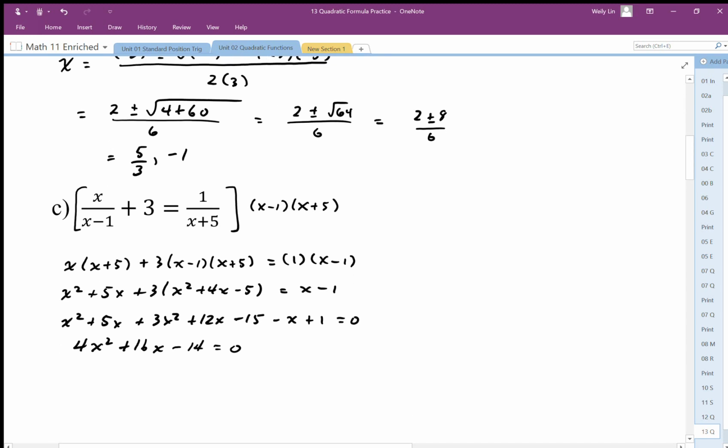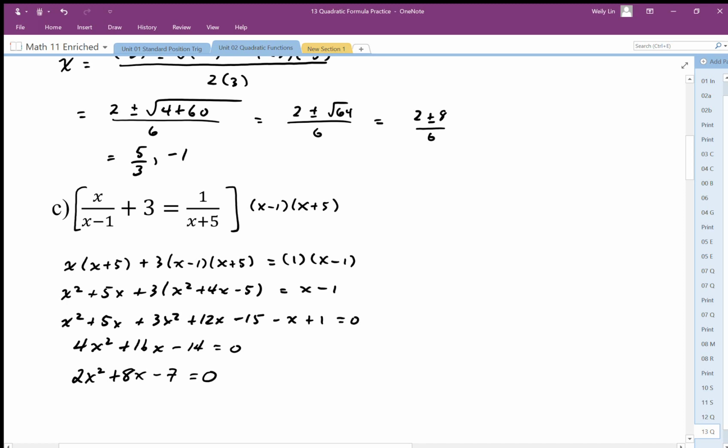Okay, so at this point, I could just plug these numbers in, but since this is an equation, and these are all even terms, I can actually get rid of the factor of 2 here. So I'm going to divide this by 2, so I end up with 2x squared plus 8x minus 7 equals 0.